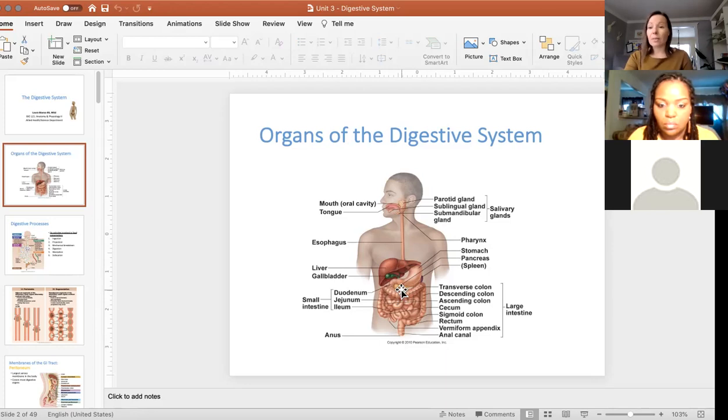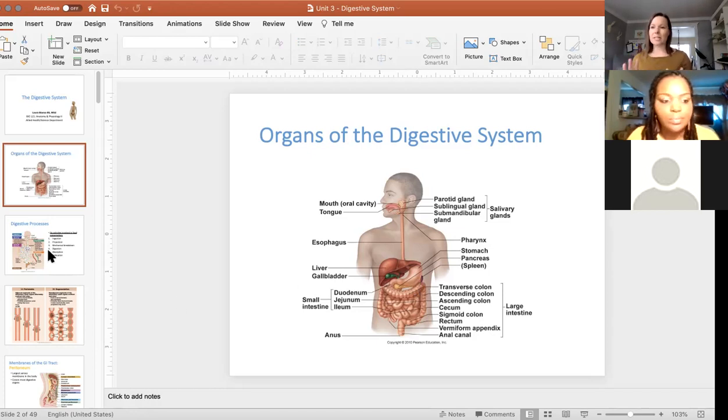You can see a lot of it is hidden behind the stomach, but you can see a little bit of it right here below the stomach. Food is not actually entering these organs, but they secrete various chemicals and enzymes that go into the digestive tract and help with absorption and digestion.